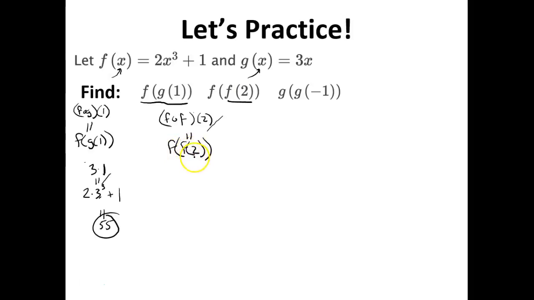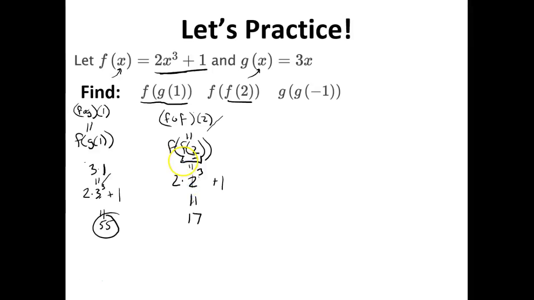What this means is we take this 2 and put it into the function f, which is right here, so we follow these rules. We take the 2, when we put it in, we cube it, multiply it by 2, add 1. 2 cubed is 8, times 2 is 16, plus 1, we get 17. That's out of this part right here.